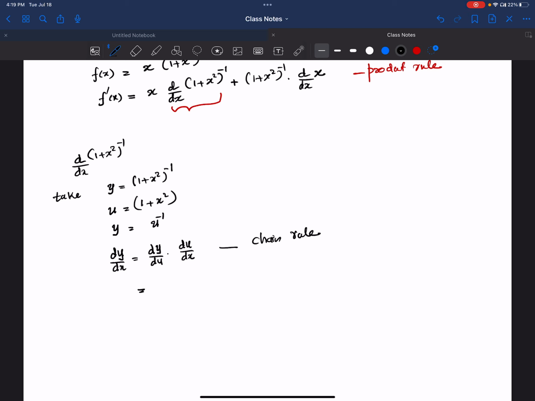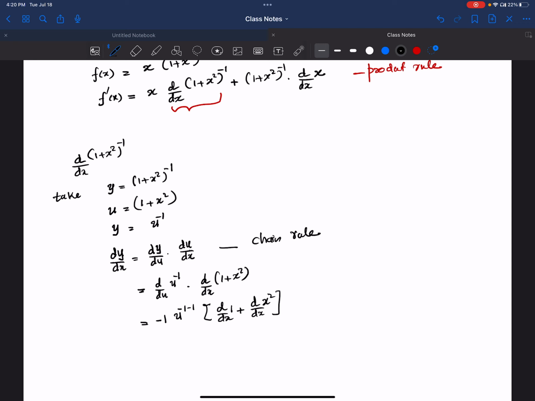So if I use the chain rule here, y is u to the power negative 1, so it's d over du of u to the power negative 1 times du over dx, which is d over dx of 1 plus x squared, right? So you have negative 1 times u to the power negative 2, since negative 1 minus 1 is negative 2, times d over dx of 1, a constant, plus d over dx of x squared.